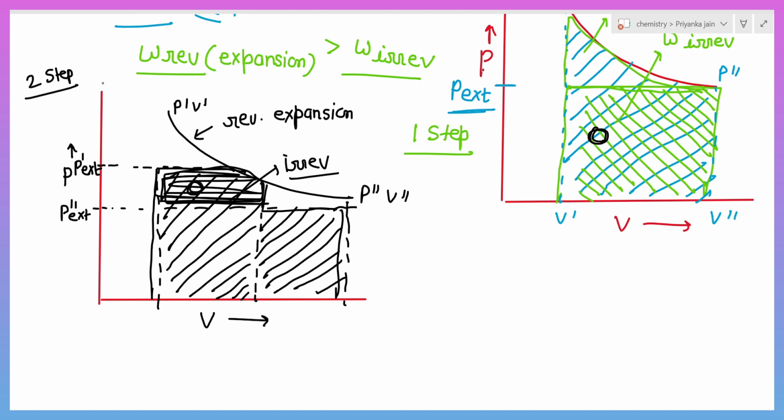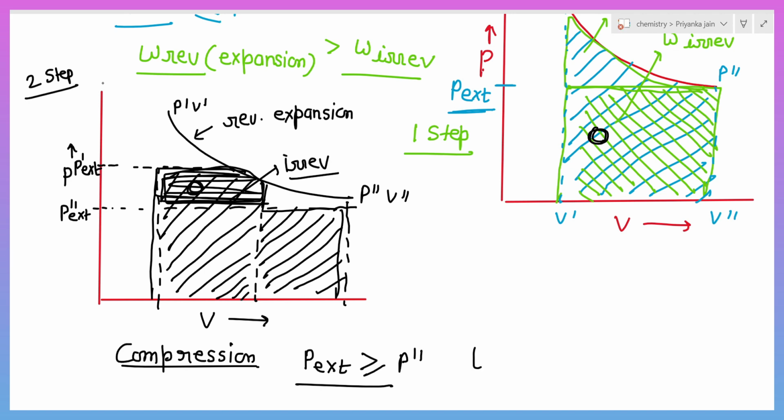But in the case of compression, the conditions are just reverse. In the case of compression, the external pressure is always greater than or equal to the final pressure. This you should remember. Then only the compression can happen. The work done in the irreversible process will be greater than the work done in the reversible process.